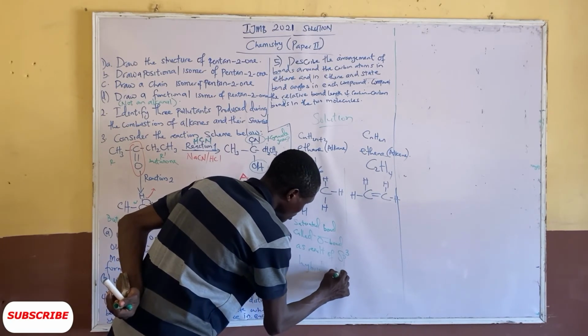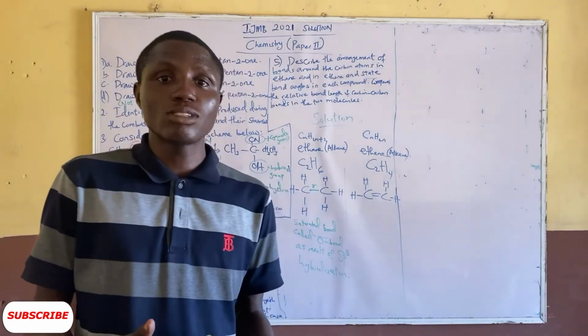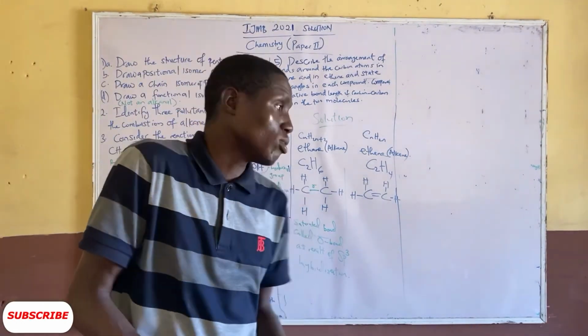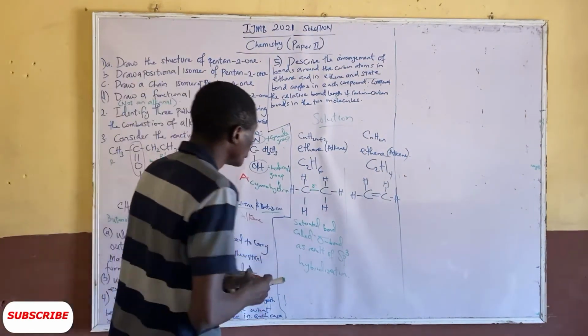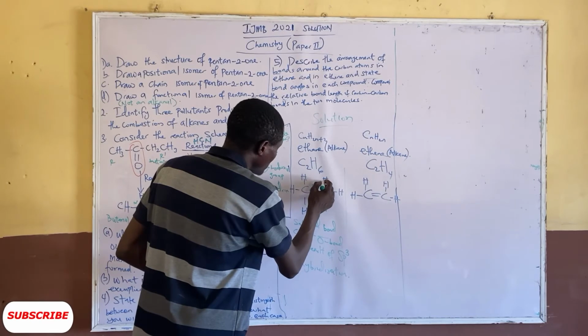Hybridization is the process by which orbitals of carbon combine with one another to form hybrid orbitals. Because of this sp3 hybridization, we have a tetrahedral shape.